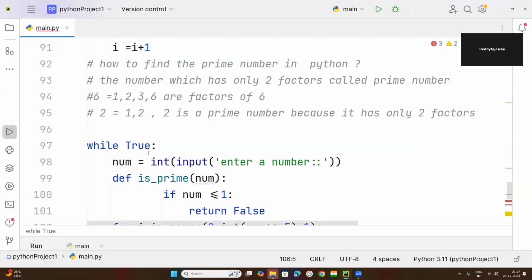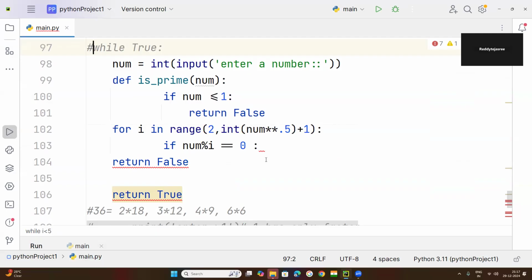So we need to check back at this while loop, if I want to keep this continuously so that the user gets continuous requests, prompting the user to give continuous input.